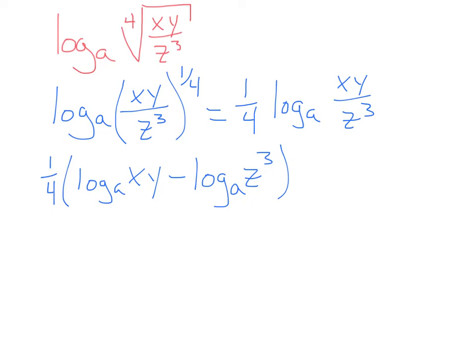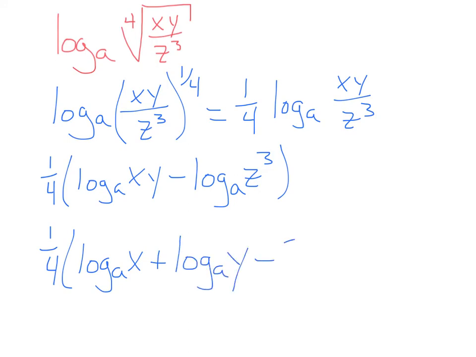Now in the same step, I'm going to change this. This is multiplication, so we'll get two logarithms added, and then I'm going to bring the 3 exponent here out front. So we would have 1/4 times log base a of x plus log base a of y minus 3 times log base a of z.